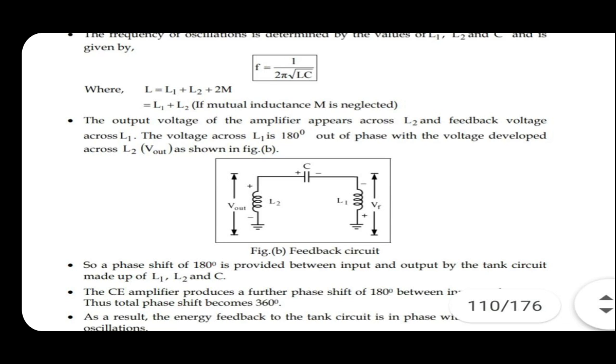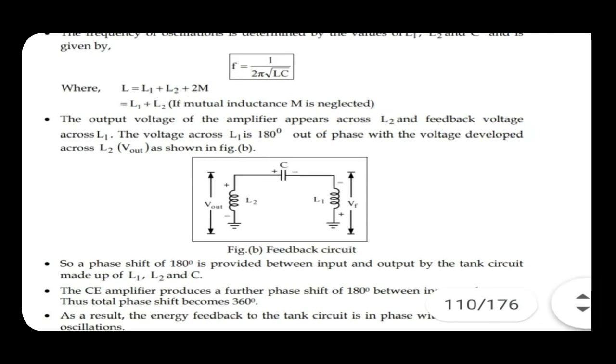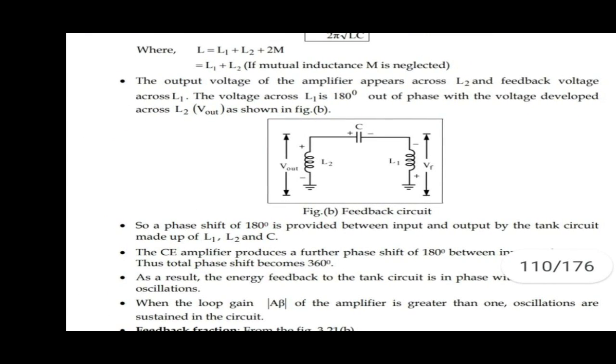Vf is XL1 and V out is XL2. So the feedback fraction beta equals L1 by L2. This is the feedback factor.